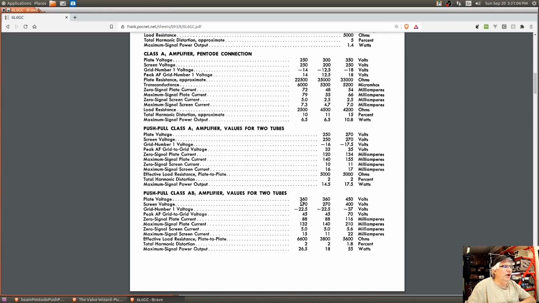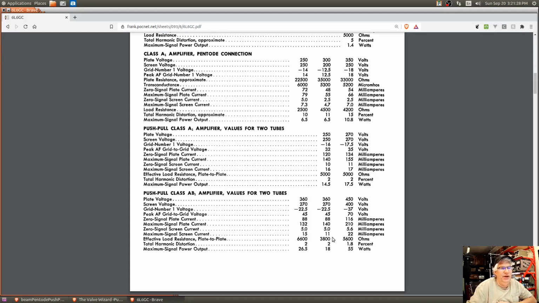In the first column, we're at a plate voltage of 360, and the primary impedance, the plate-to-plate load resistance, is 6,600 ohms. At 450 volts, which is an increase in plate voltage, it goes down to 5,600. His question is, why is that? We'll get into that.